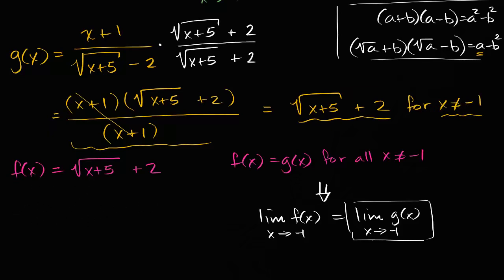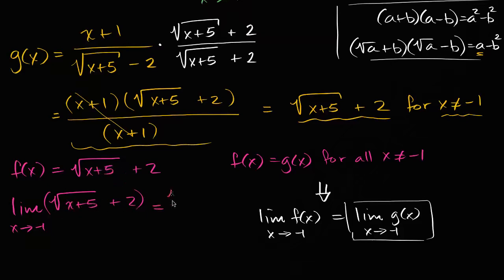And so what is the limit? And we are in the home stretch now. What is the limit of f of x? Or we could say the limit of the square root of x plus 5 plus 2 as x approaches negative 1. Well, this function is continuous at x equals negative 1, so we can just evaluate it at x equals negative 1.